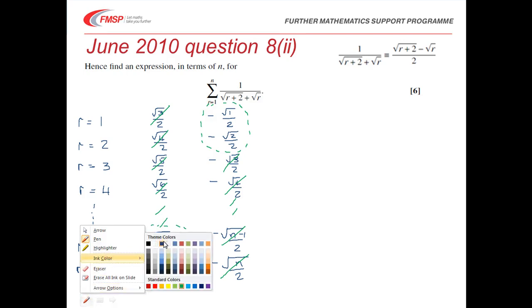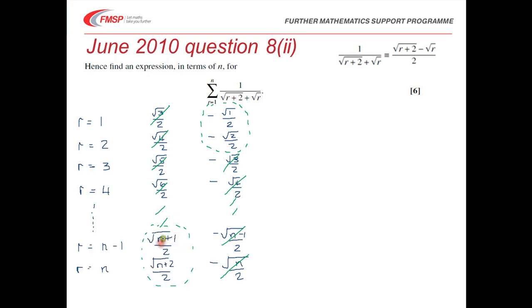So if I just go back to blue again, then our sum, remember we're going from r equals 1 to n of 1 over the square root of r plus 2 plus root r.